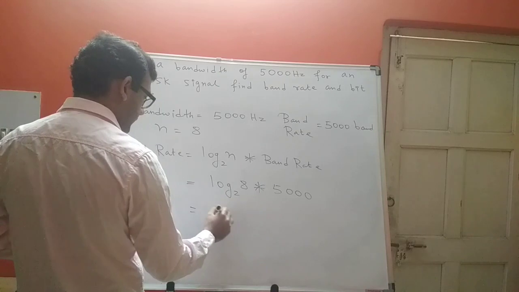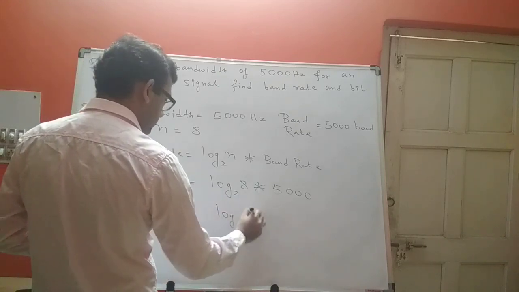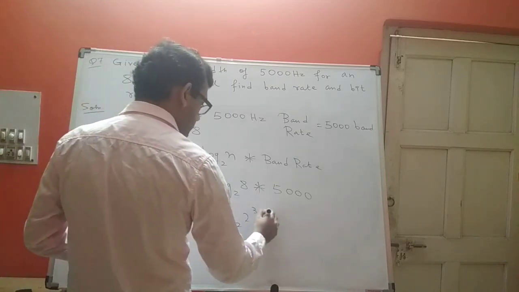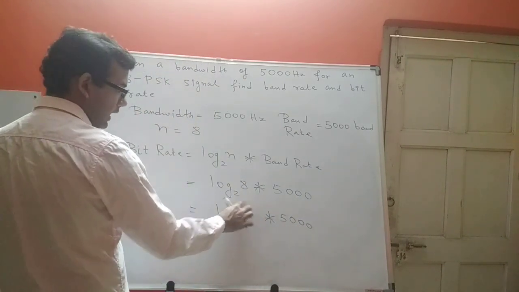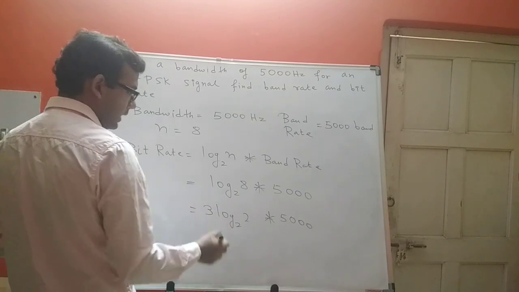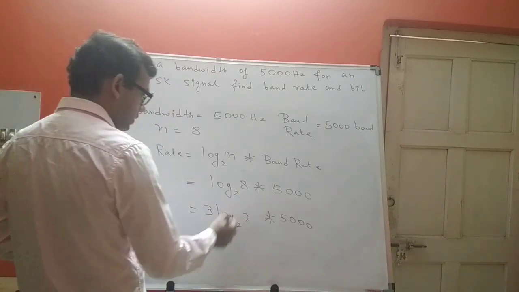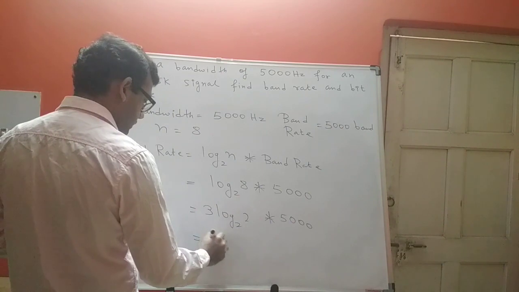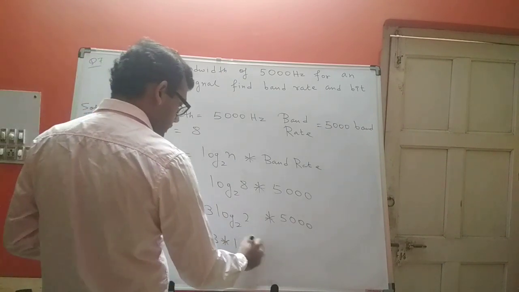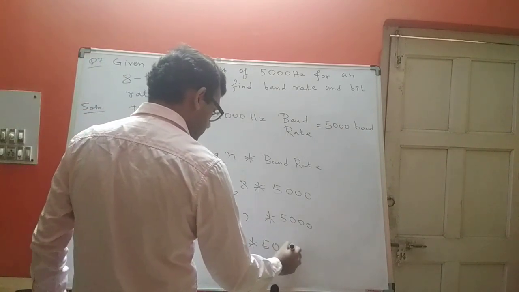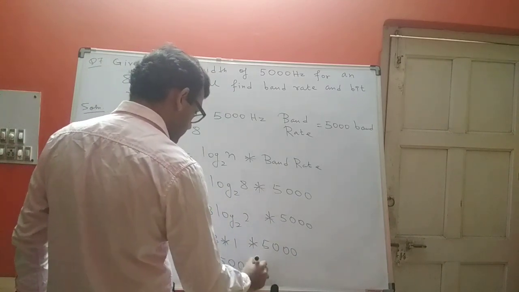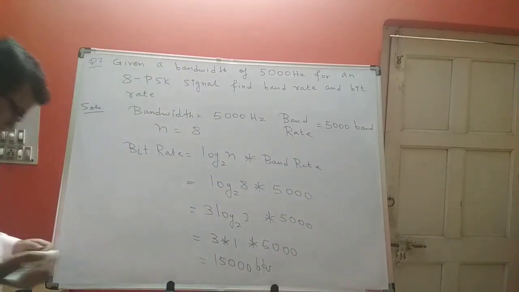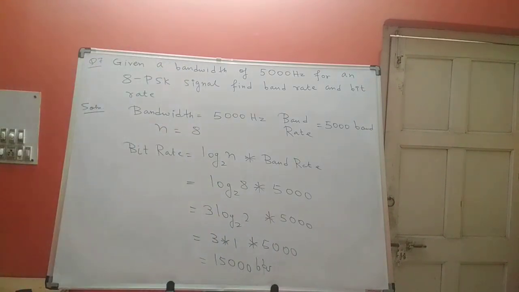If I simplify this, I get log of 2 to the power of 3 base 2 into 5000. I can take this 3 and bring it to the beginning by the property of logarithms, and log 2 base 2 is 1. So I get 3 into 1 into 5000, which comes out to be 15,000 bits per second. So this is how you would solve such a question. I'll take up another question.